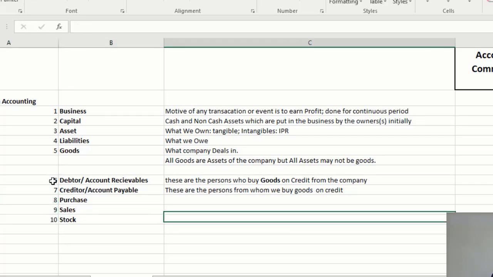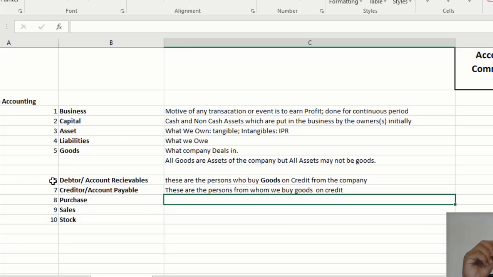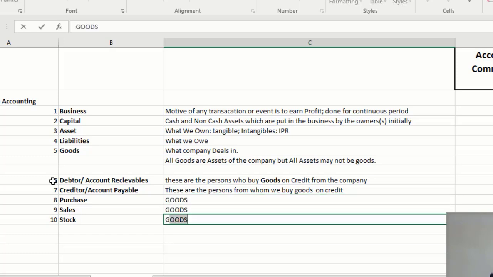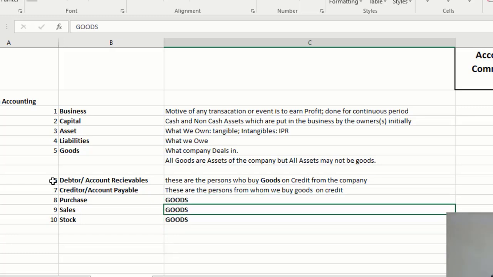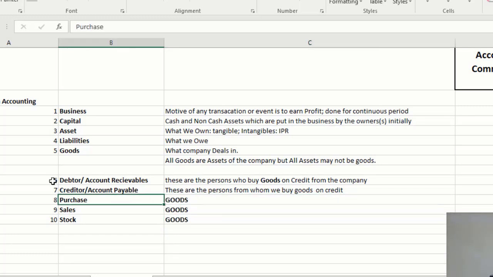Now these three words, in any company, if we say we made purchases, we made sales, we have a stock of, these are the three words which we use only and only for goods and nothing else. Alright, next move.